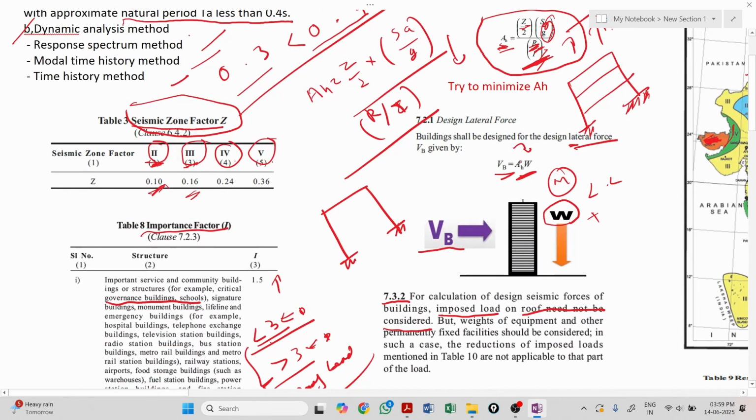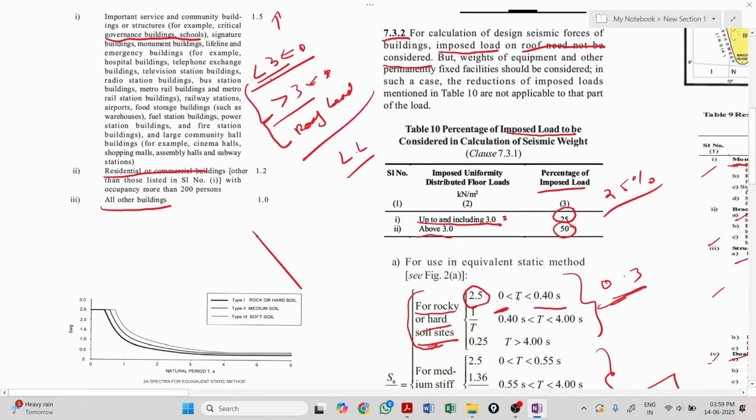Once we understand this, we calculate the live load, then we calculate the dead load, and we add all those things. In live load there is 25%, that is maybe 3 kilonewton. So 25% into 3, that is 0.75, should be considered.